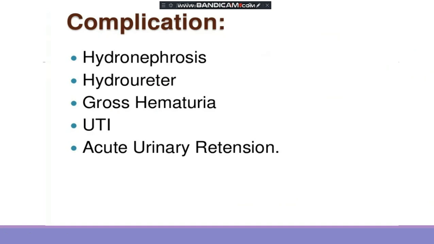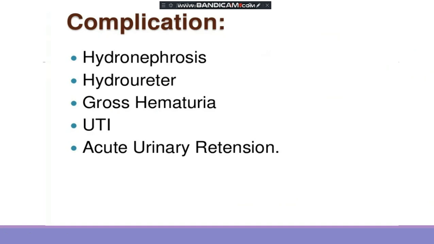Basically, if the BPH is not being treated properly, the patients will develop complications such as hydronephrosis, hydroureter, gross hematuria, UTI, acute urinary retention. Gross hematuria means more blood in urine, which is uncontrollable, and a large amount of RBCs can be found in urine.